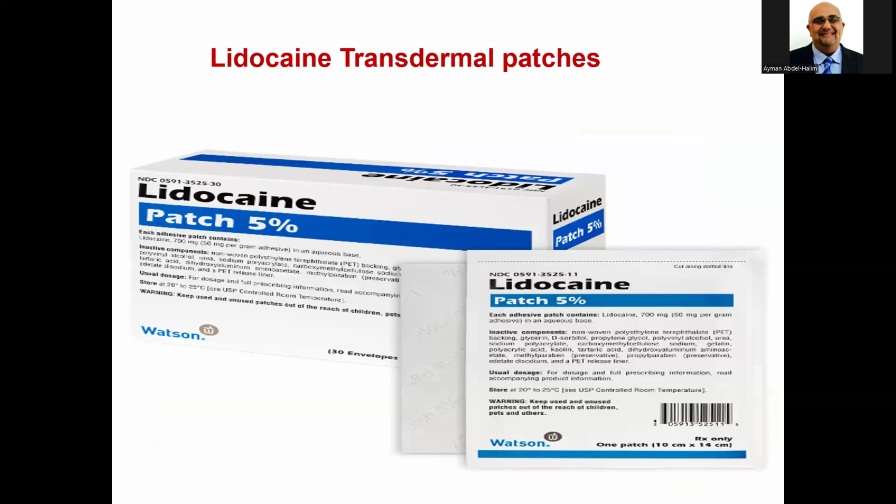Also, we have transdermal lidocaine. Transdermal lidocaine is used for topical lesions. All right, the most famous is the lidocaine patch 5%, and it's very useful in something like post-herpetic neuralgia, for example.